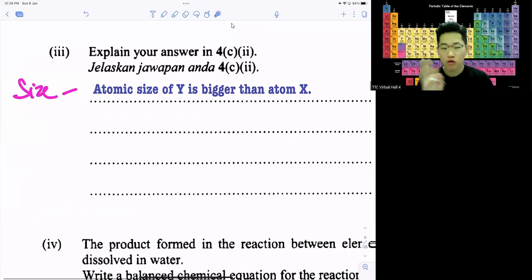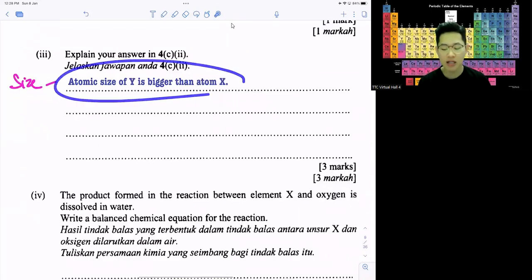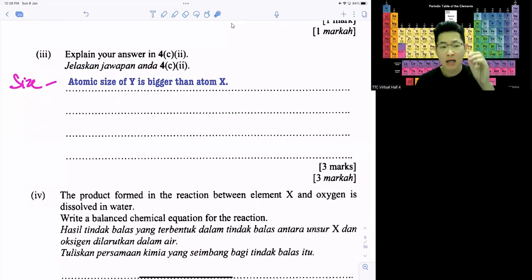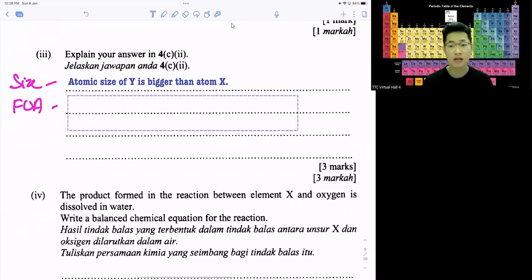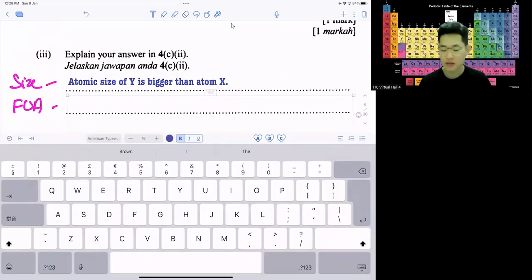When we write size already, we don't have to write atom Y has more shell than atom X, no need. Because 有比较多的 shell 就代表是比较大，选一个来写就可以了。Then the second point is always force of attraction. 不要忘记啦，要写 force of attraction.